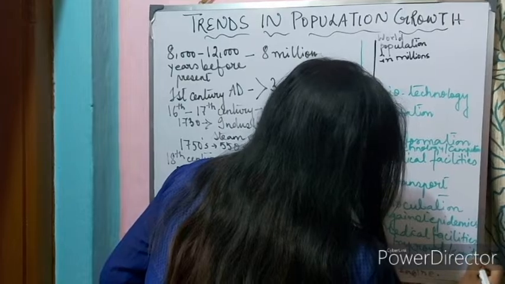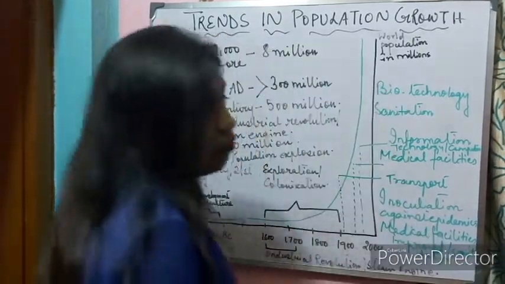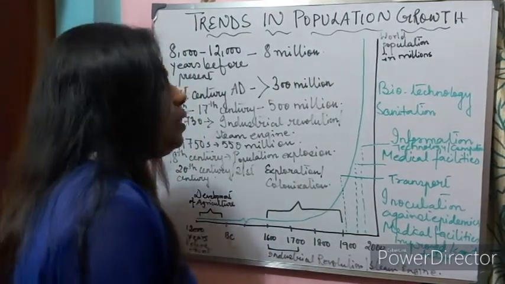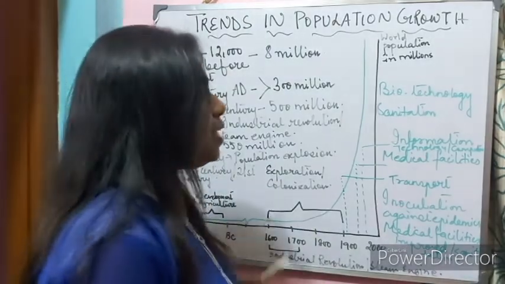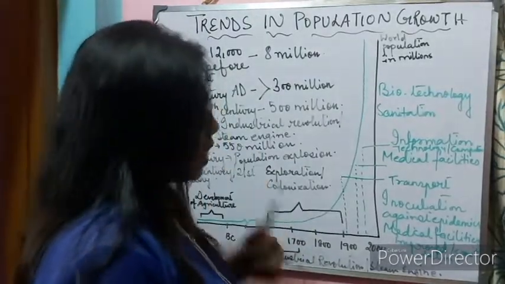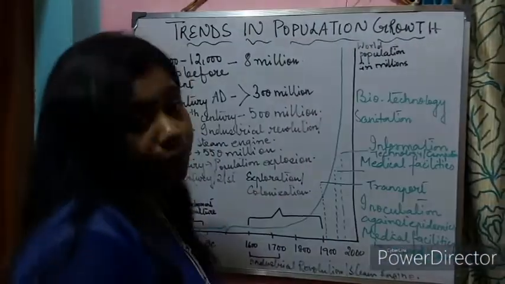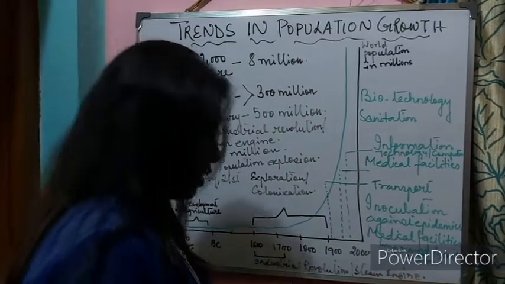So it helped in the reduction of our death rate. But in most countries, especially developing countries, the birth rate is still increasing, while the death rate is reducing because of medical facilities, improved sanitation and vaccination against many diseases.